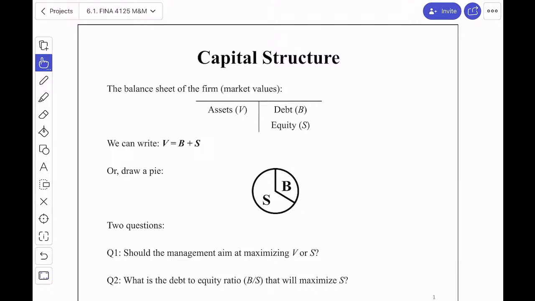So let me write it in the chat that only 3 of the 4 Connect exercises, Connect assignments count.